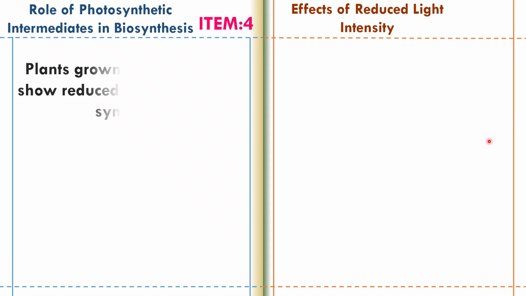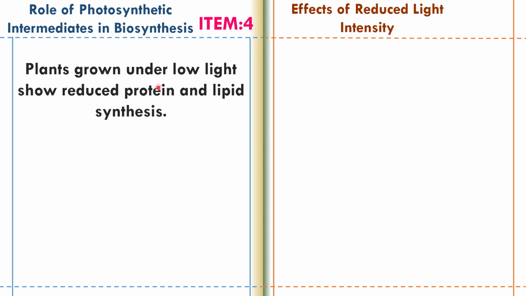Still under the role of photosynthetic intermediates in biosynthesis, item 4, emphasizing the effect of reduced light intensity. Plants grown under low light show reduced protein and lipid synthesis.